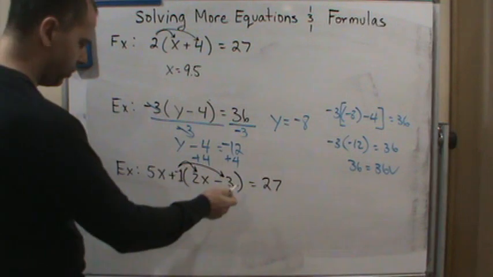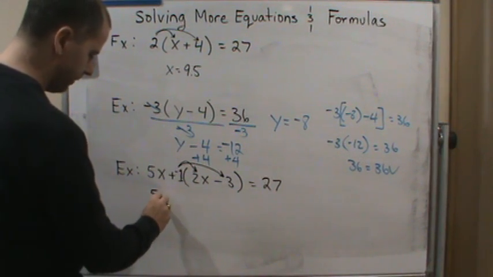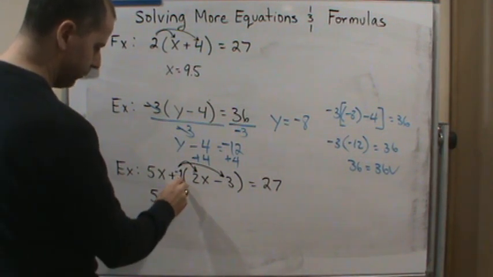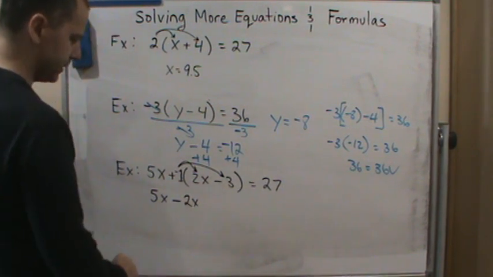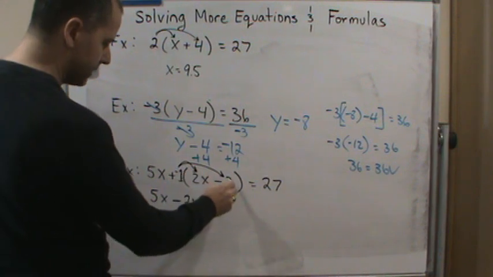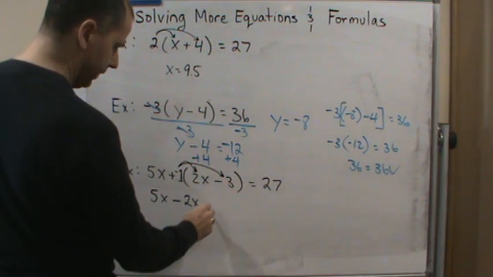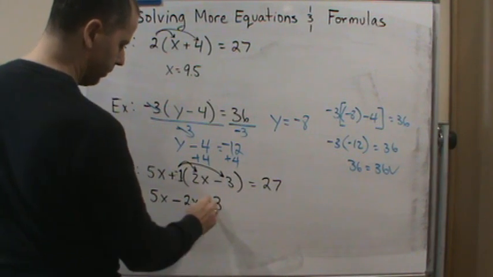Okay? And so when I do that, what happens? I get 5x, negative 1 times 2x is minus 2x. And negative 1 times minus 3 is going to give me what? A plus 3, right?